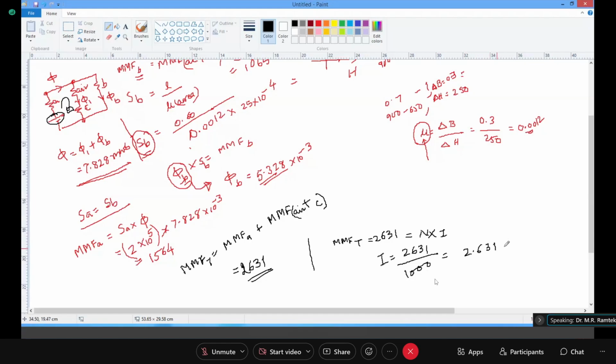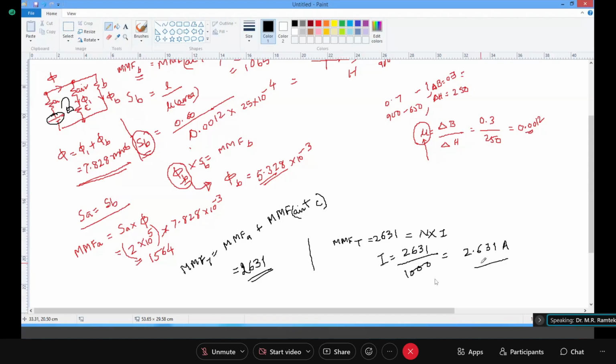2.631 ampere. And what was the previous answer? 1.3896 ampere. So what do you conclude from this? Current changes.